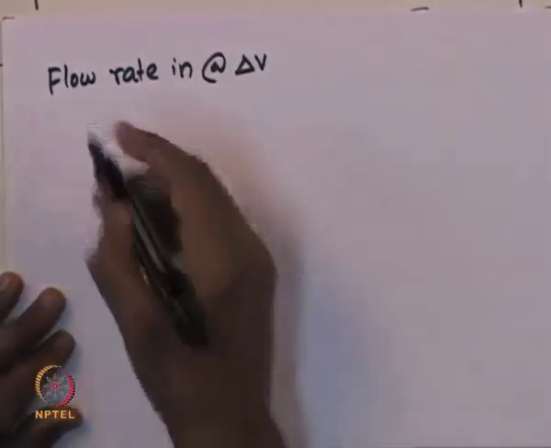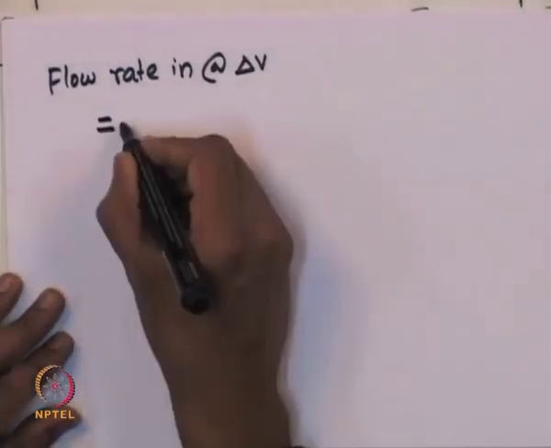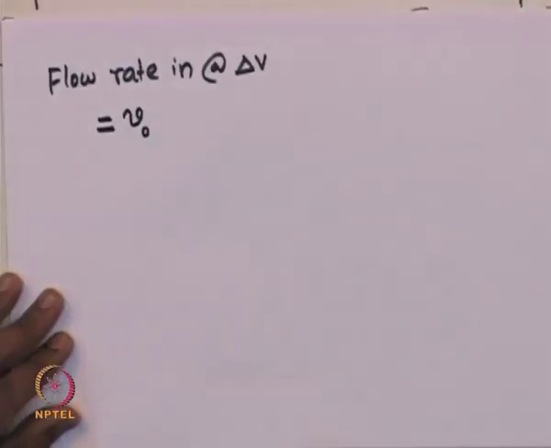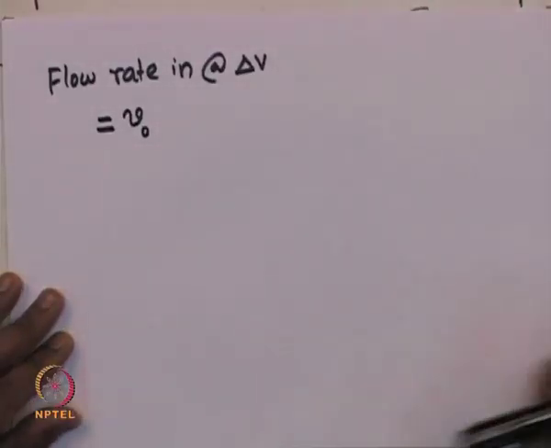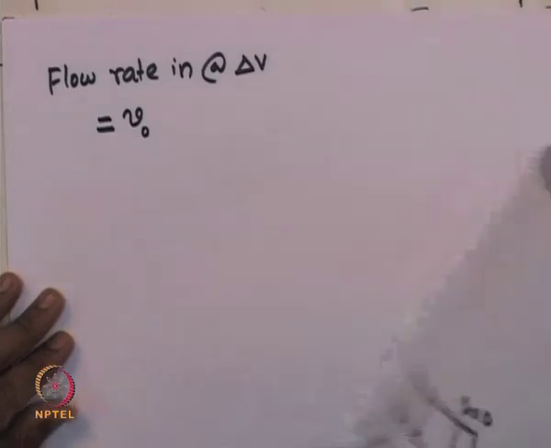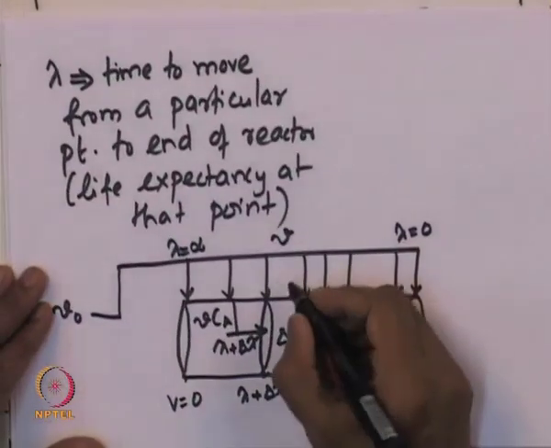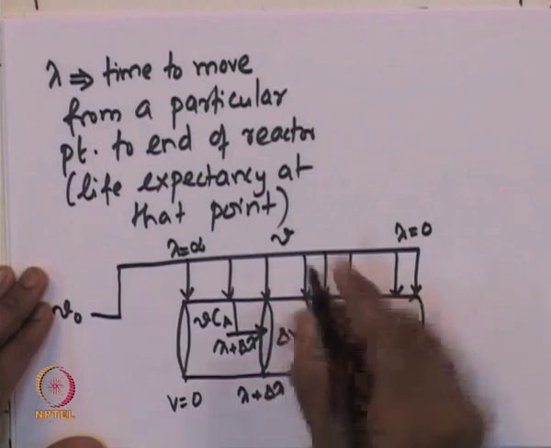We are essentially trying to calculate the volumetric flow rate with which the fluid enters this small element delta V.